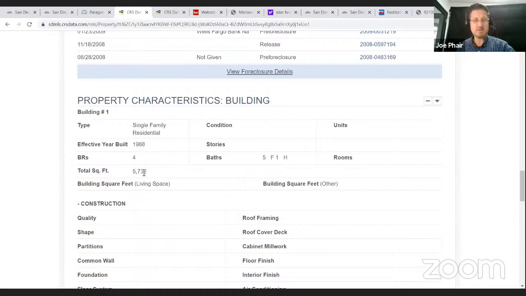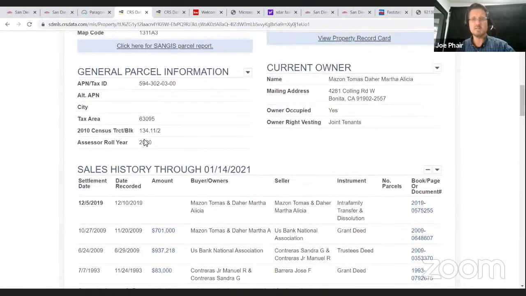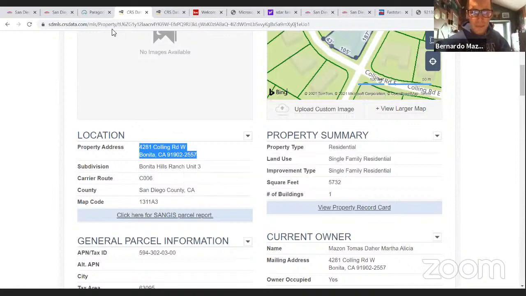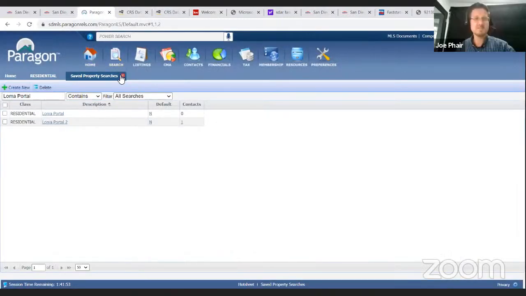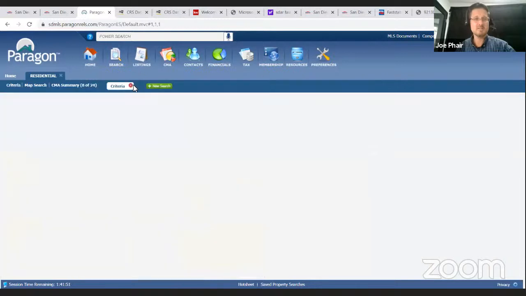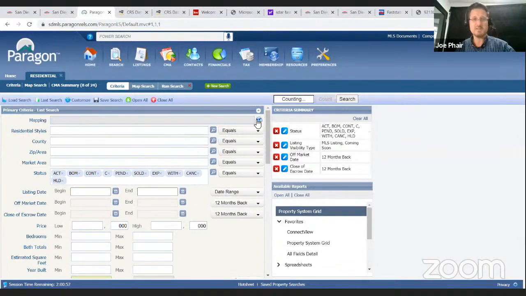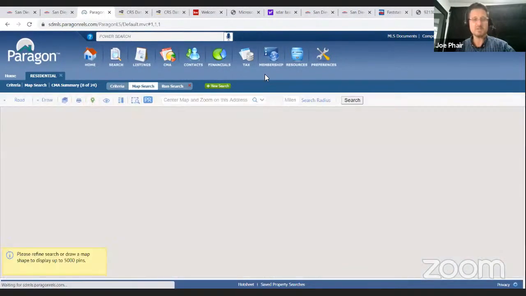Oh, the total square footage of the house is 5,700 square feet. Is this your house? No, I wish this was my house. It's a lot of house to keep up, guys. You have to get a second mortgage just to keep it clean.